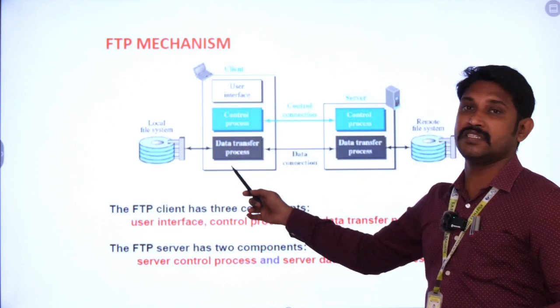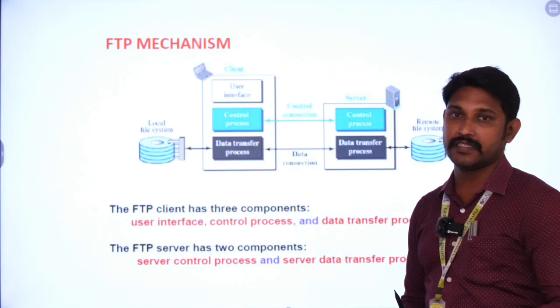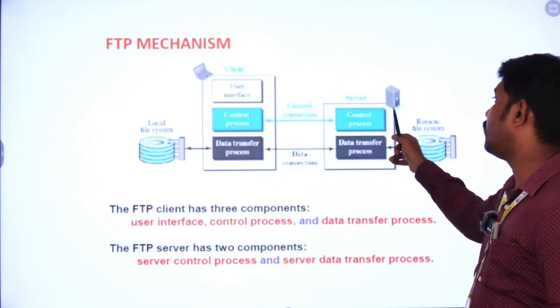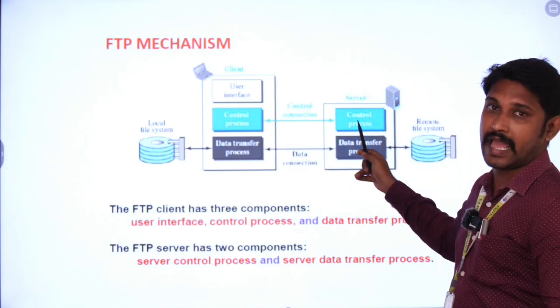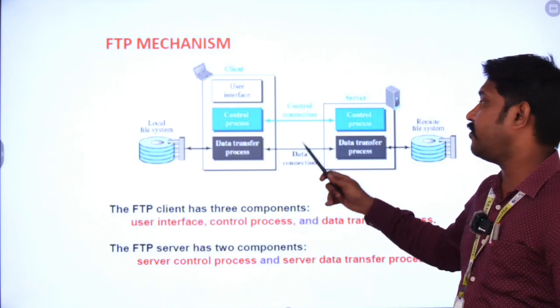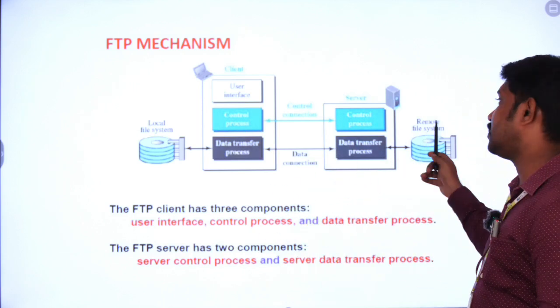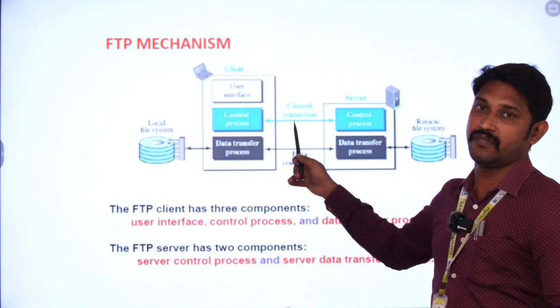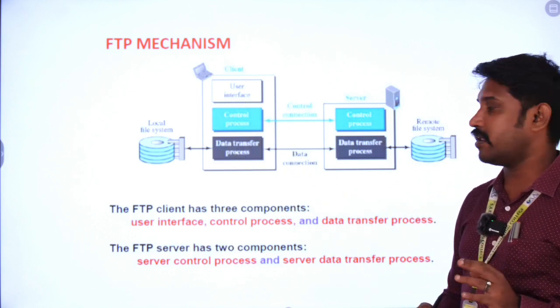And the data transfer process is where the actual file transfer takes place. First the client will request the server, and the server will accept and bind the connection, and finally it will send the data from the server to the client with the help of FTP in a secure socket connection.